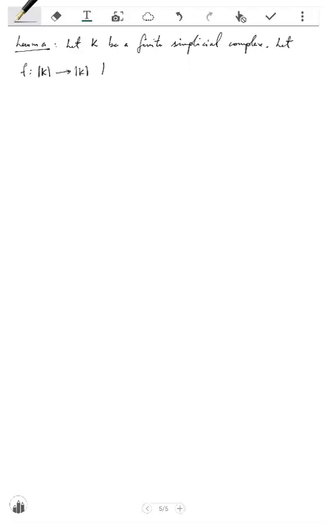So next, we have the following lemma. Let K be a finite simplicial complex, let f from mod K to mod K be a continuous map which has no fixed points.